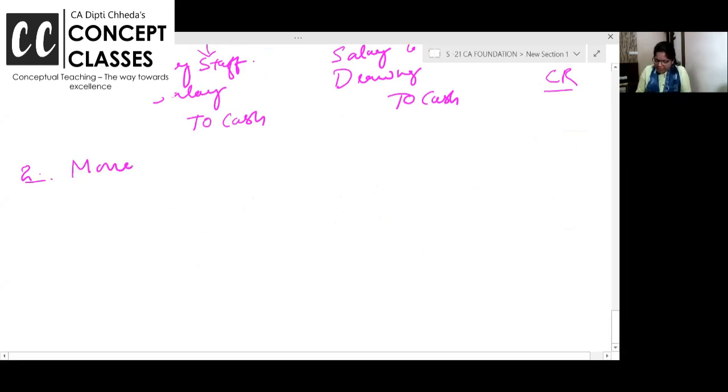So write down the second concept as money measurement concept. Money measurement concept.